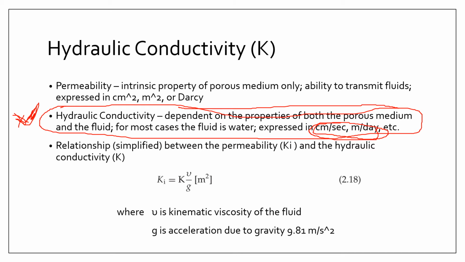Then you also have the relationship between permeability and hydraulic conductivity. Permeability, or Ki, is equal to hydraulic conductivity multiplied by the kinematic viscosity of the fluid and the acceleration due to gravity.